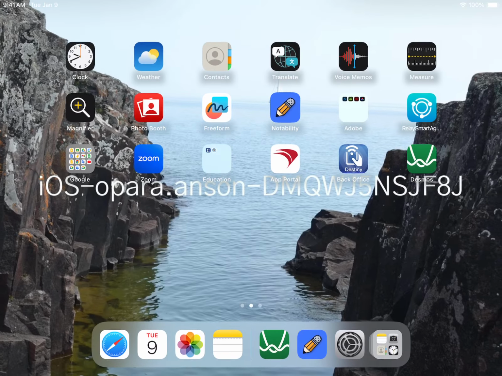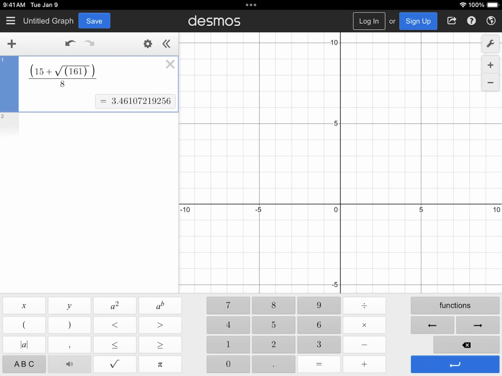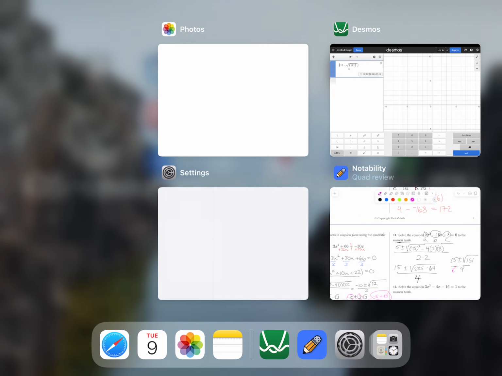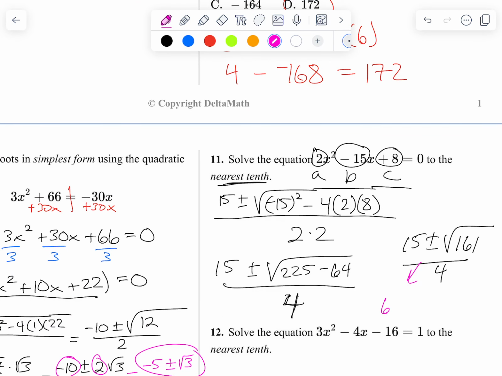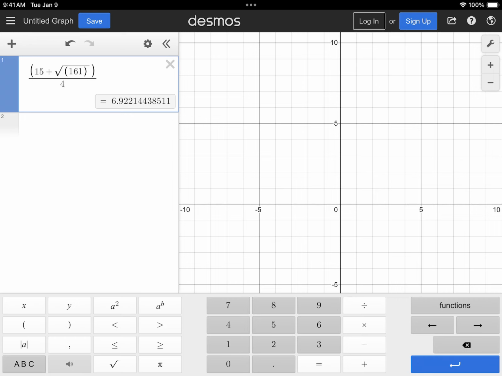Yeah, 4, sorry. So one of my answers is 6.9. And then the other one is going to be when I change the plus to a minus. And I get negative 0.57 or negative 0.6 to the nearest 10th.